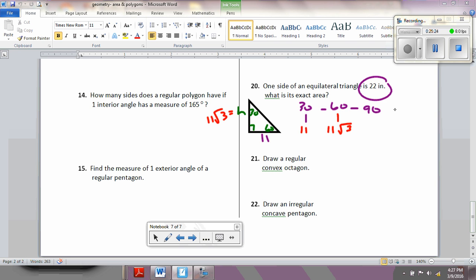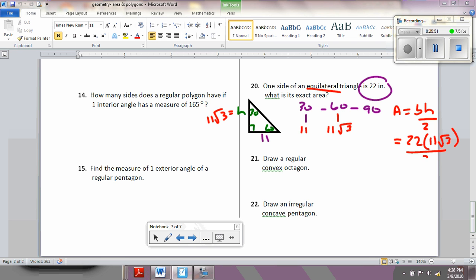Now we can find the area. Area of a triangle formula is base times height divided by 2. Again, the base of the equilateral triangle is 22, not the special right triangle that's built in. It's always stemming from the original triangle. So the base of the original triangle is 22. The height of the original triangle was 11 square roots of 3.